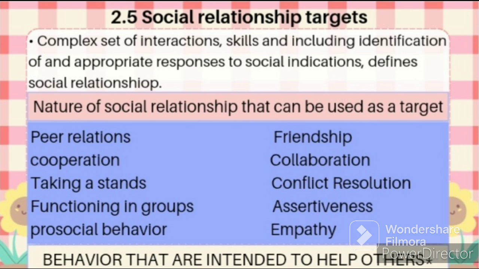First, we have peer relations, cooperation, taking stands, functioning in a group, pro-social behavior, friendship, collaboration, conflict resolution, and assertive empathy. These are the behaviors that are intended to help others. So it will be very helpful in setting targets, especially in social relationships.